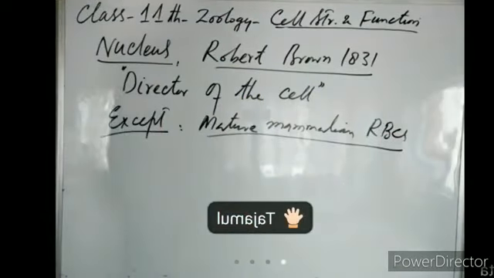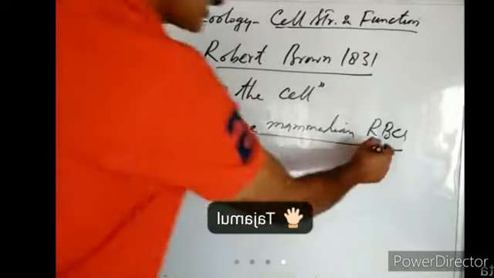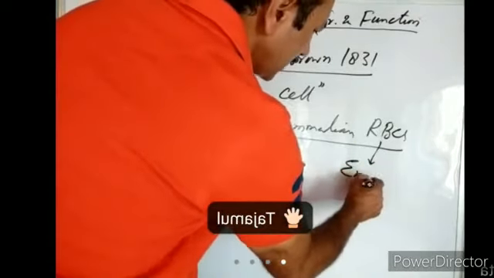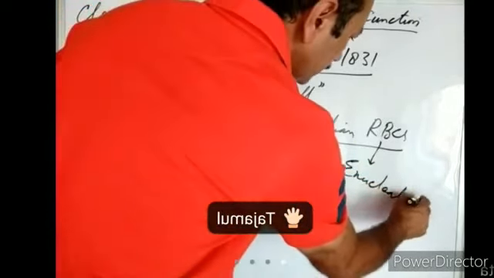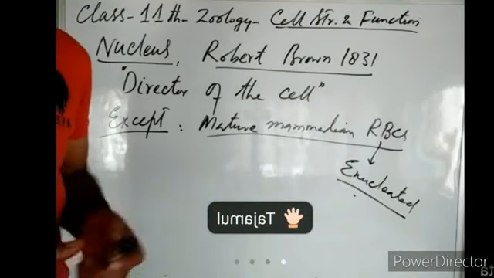We may not find a nucleus in mature mammalian RBC. These RBCs are enucleated. That means they possess a nucleus when they are being formed.